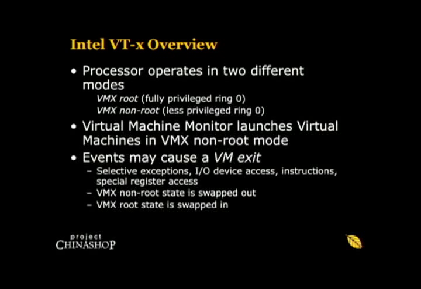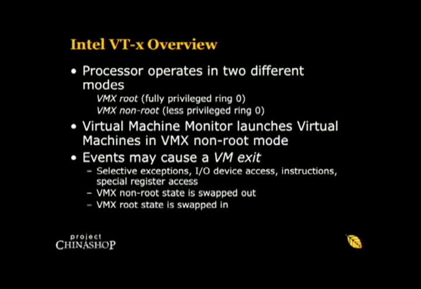Or you can also do what I do, and I just say, I don't really care about any device access. Why don't you just let it access everything? I can say, but when it accesses the disk, I'd like to know about that. And so I don't have to write device drivers. The operating system just keeps running with native I/O access.